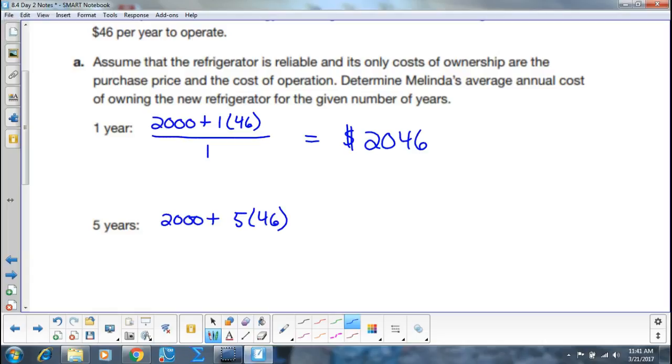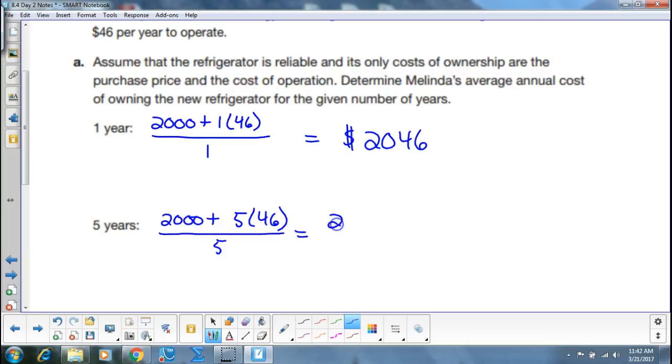But how many years has she owned it? 5 years. So I got to divide that by 5. So her average cost now of owning that refrigerator per year is $446.